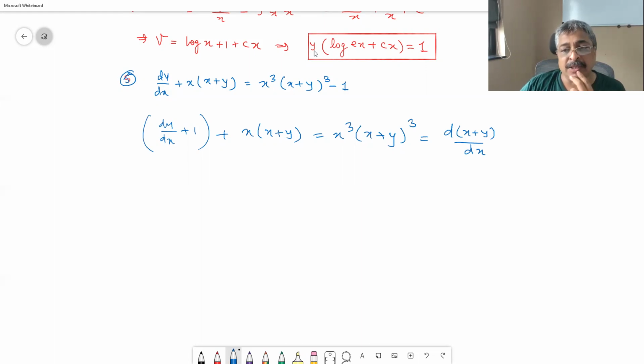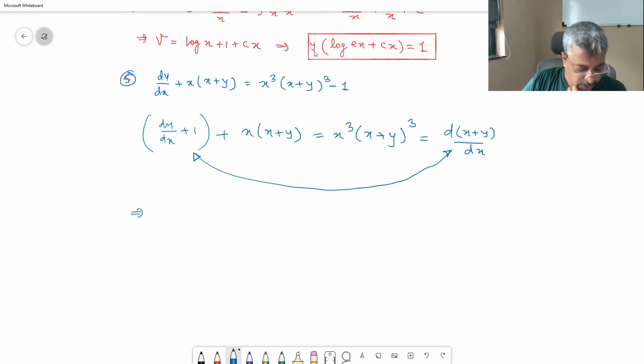If you could visualize this, if we differentiate x plus y with respect to x, we will get 1 plus dy by dx. So instead of writing this term, we can replace it by this. Then you have an equation in x plus y. There are 3 terms which are x plus y. You can replace them by z and solve it.